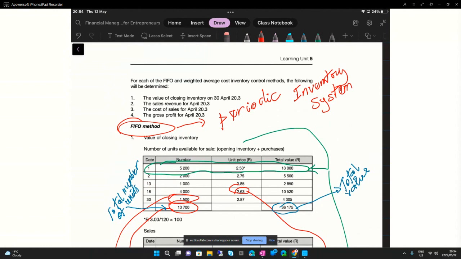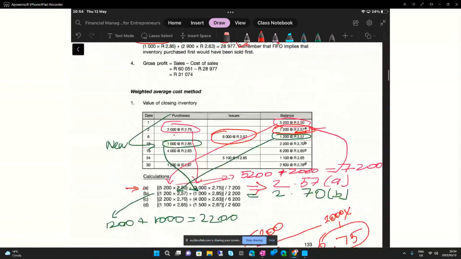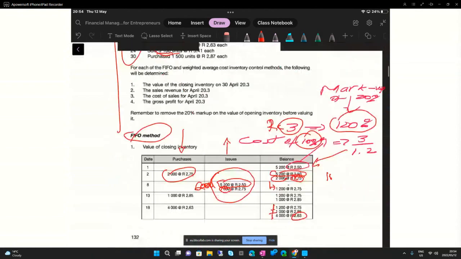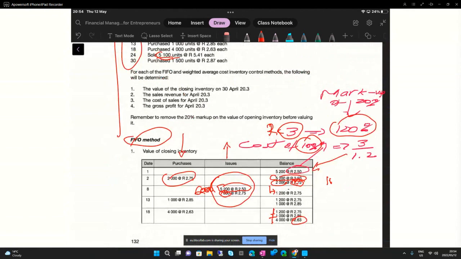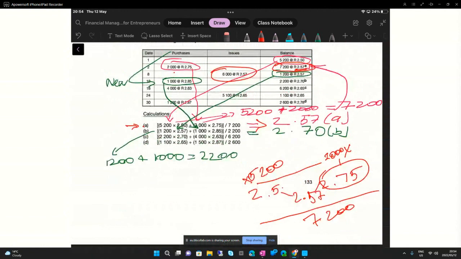But the tables that you saw here have been used for the perpetual inventory system. So we have first in, first out, which is a valuation method. We are making a difference between the systems and the methods. Within the perpetual system, we use both first in, first out and the weighted average cost.